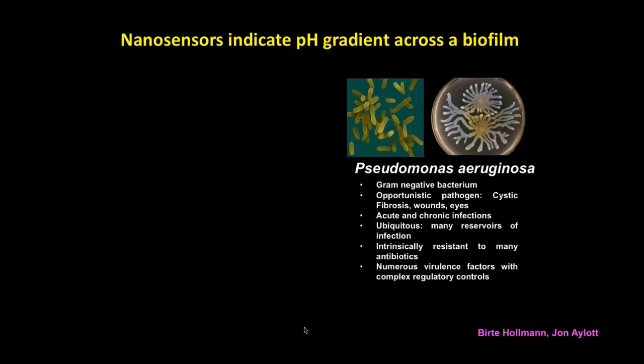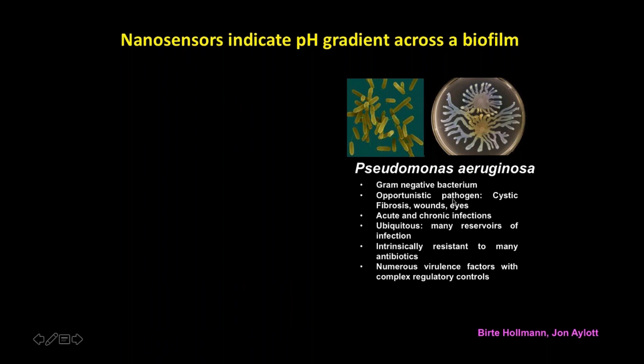The first way that we've tried to use them in the biofilm context is with biofilms of Pseudomonas aeruginosa. This is a gram-negative bacterium, which is an opportunistic pathogen, and it's a particular problem for people who've got cystic fibrosis, or if you have a wound that's caused either by a burn or trauma, and also it causes eye infections.